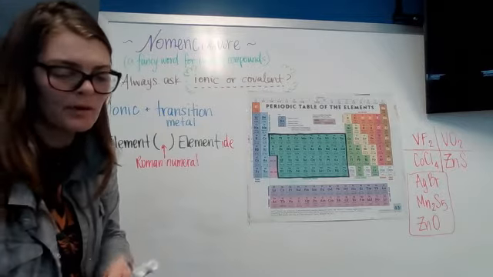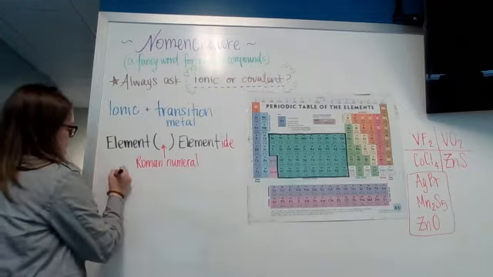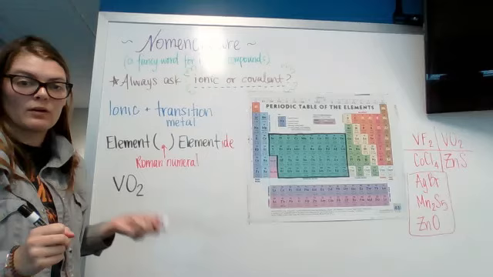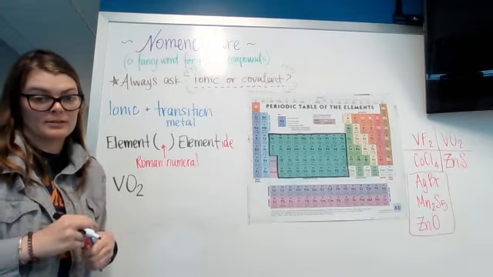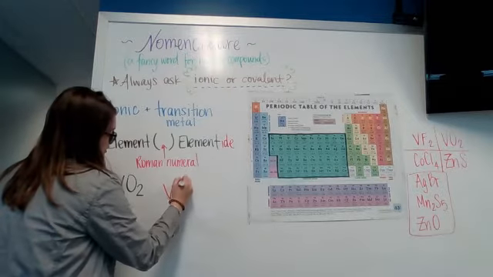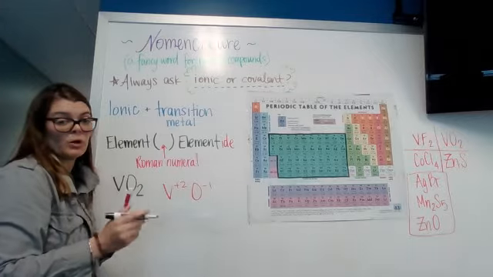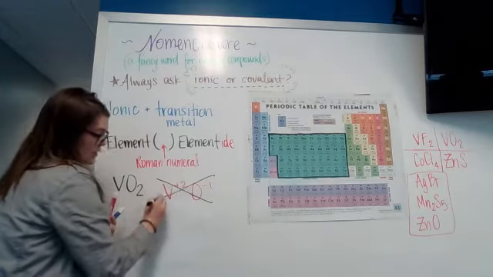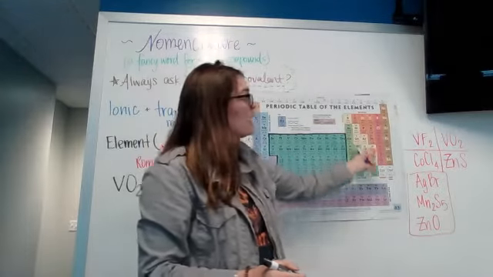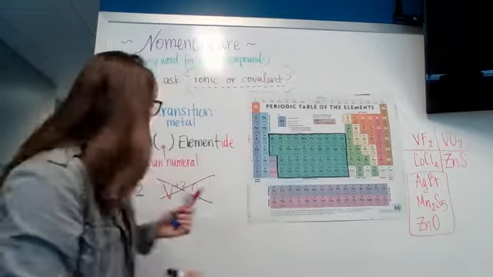Okay, a little bit of a trickier example is going to be VO2. Alright. Now, in situations like this, it might look like it's going to be V+2, O-1, but that's wrong. That has to be wrong because we know, and you all need to know this, that oxygen has a charge of -2. Okay?